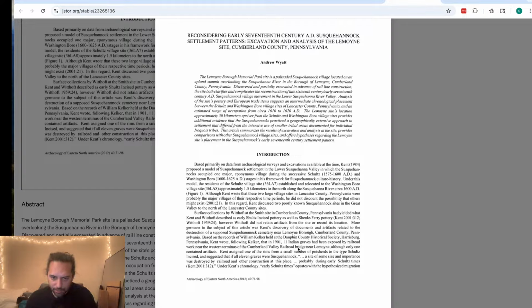So, we're on the western side. This is the bridge. So, near the western terminus of the bridge, this is the Memorial Park. I believe that's got to be the Lemoyne Borough Memorial Park. Cool. So, there were 11 Indian graves found in that park.